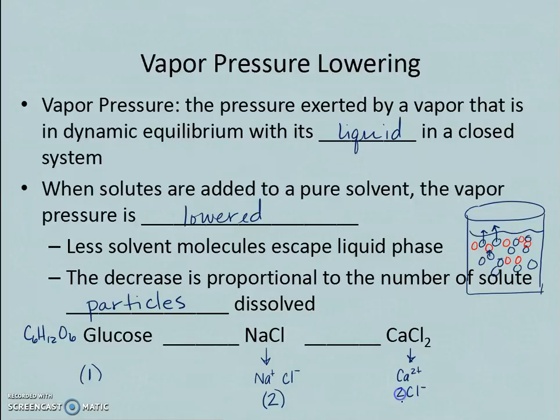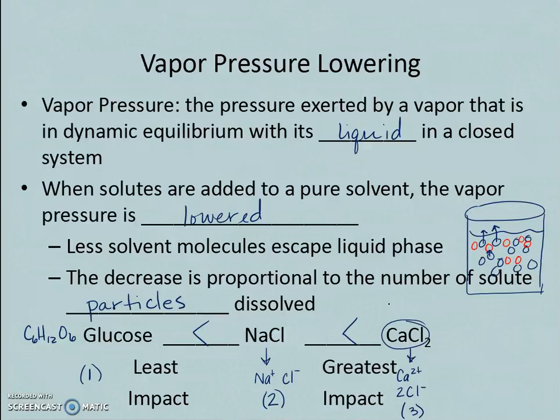One here plus two here gives us a total of 3. So this one is going to have more solute particles, and so this one is actually going to affect that vapor pressure more than the sodium chloride, which will affect it more than the glucose. Based on the number of particles, the glucose has the least impact. The calcium chloride has the greatest impact on lowering that vapor pressure.